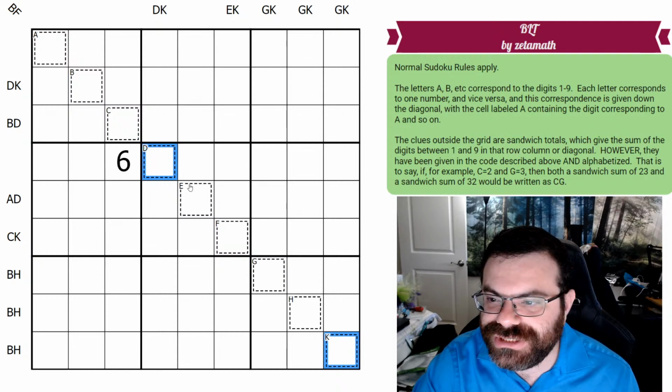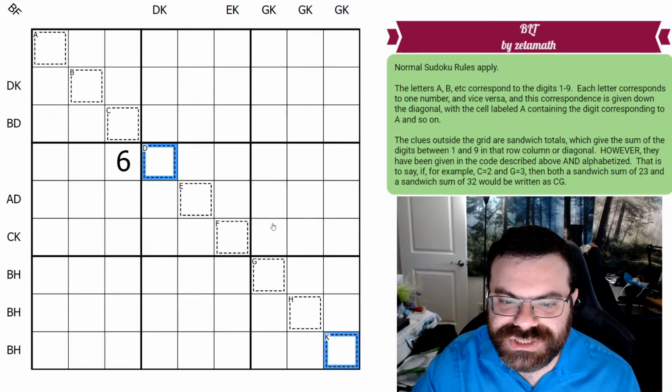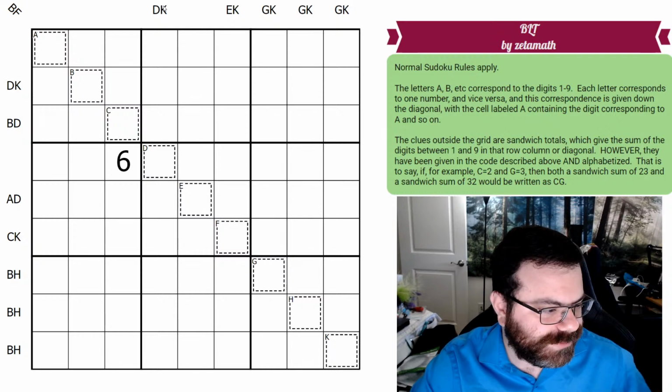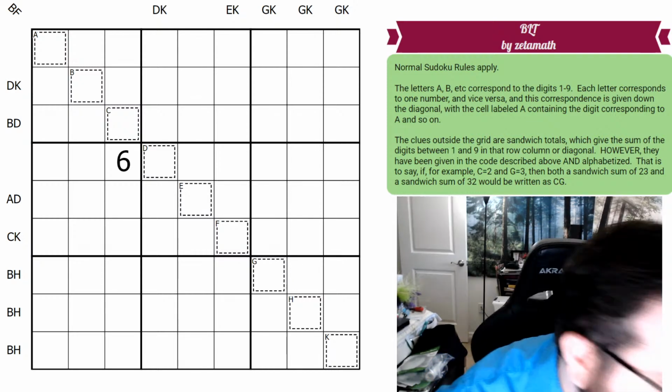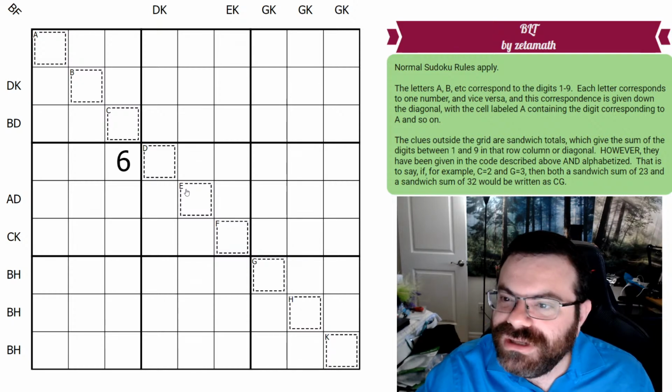That would be a 2-digit number that represents the sandwich sum, but we don't know what order the D and K go in. So if D were 2 and K were 5, this would be a 25 clue. But if D were 2 and K were 1, this could be a 12 or a 21 clue. Yeah, don't want to make things too easy, otherwise we might solve it.